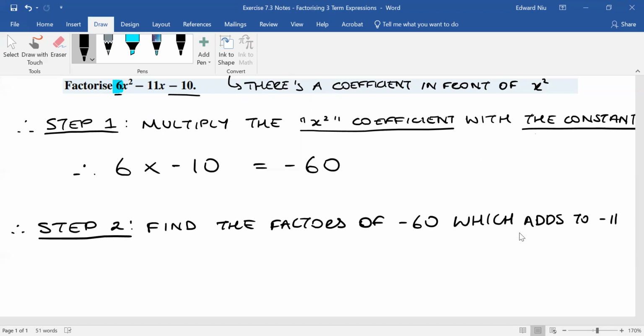So the factors of -60 need to add up to the b value, or the coefficient in front of the x to the power of 1. All right, so the -11 came from here.